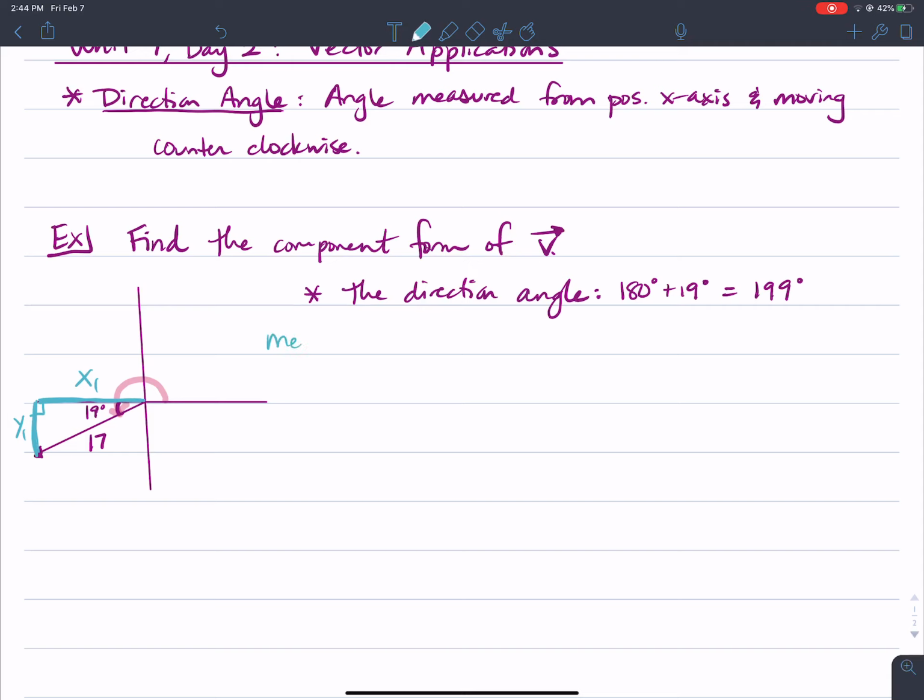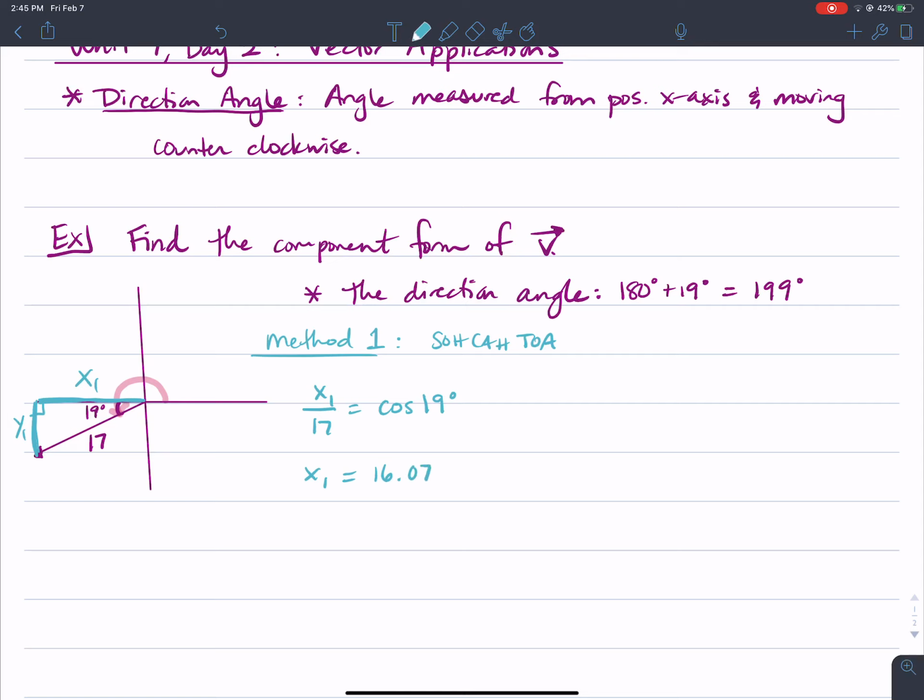So method 1 is to use SOHCAHTOA. If I want to find what x1 is, that is adjacent to the 19, and I've got the hypotenuse, so adjacent over hypotenuse is equal to the cosine of 19. When we multiply, we should get that x1 is equal to 16.07.